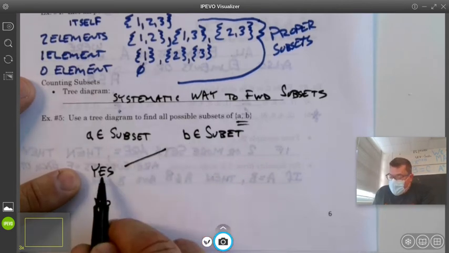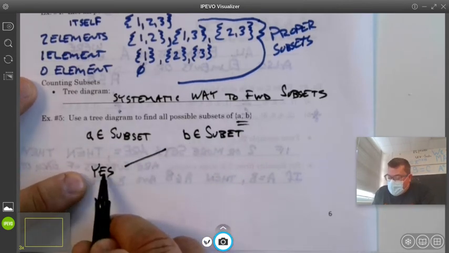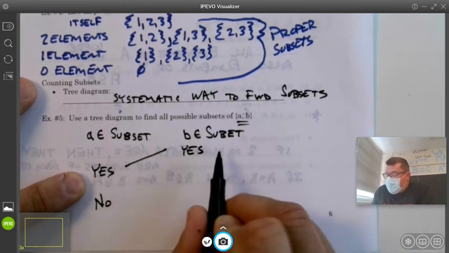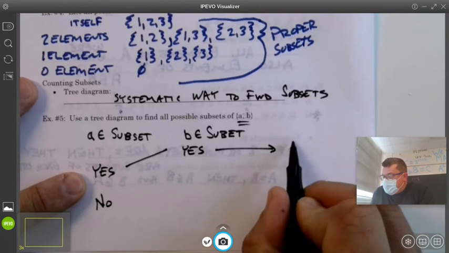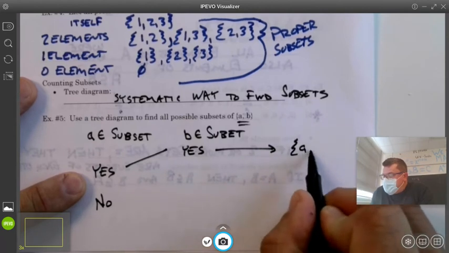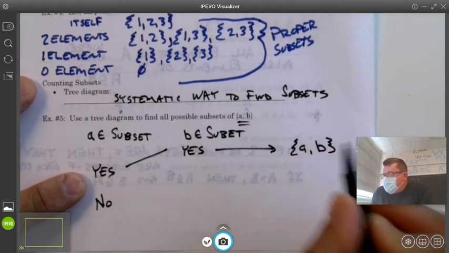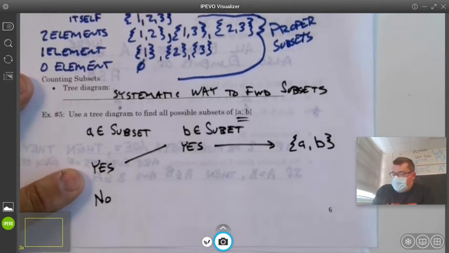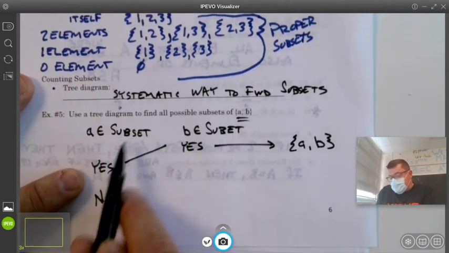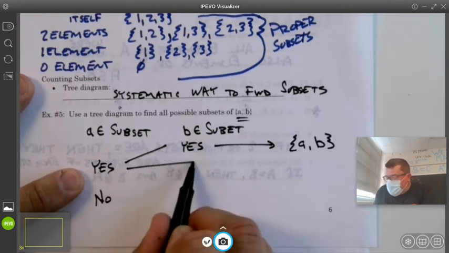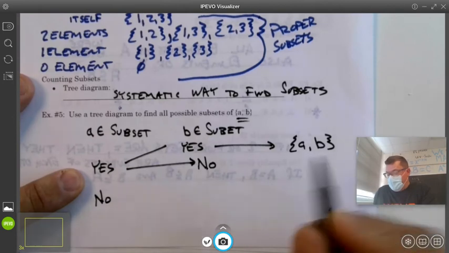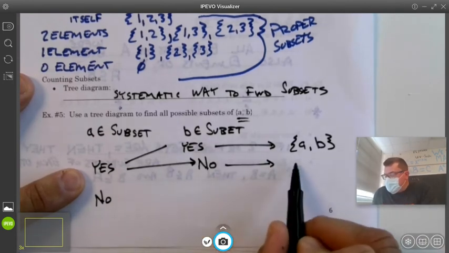So we go from A is in there and B is in there. And that would result in the subset {A, B}. We could answer yes to A is in there, but then we could branch off and answer no, that B is not in there, and that will result in which subset?